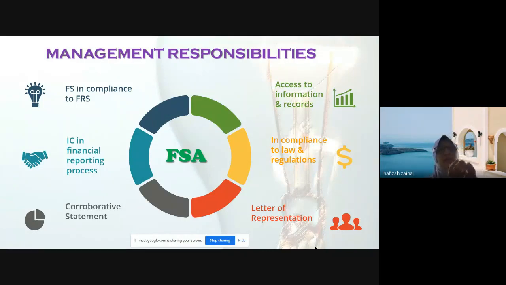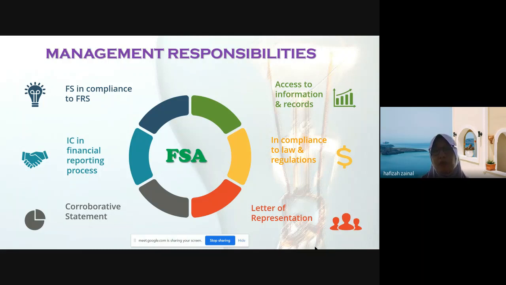Also to ensure that internal controls within the financial reporting process are implemented properly, because sometimes when we go to the client, we check their internal control. We do find that they have SOPs, but when it comes to the implementation, it still goes back to the client, to the management. It is their responsibility to ensure that internal controls are actually being implemented properly.